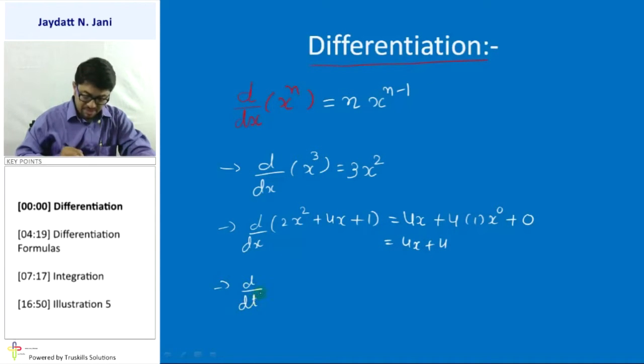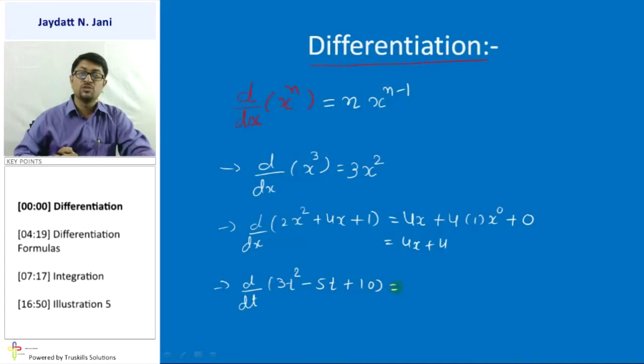For example, if I take it with respect to time, dt, I have something like this: 3t square minus 5t plus 10. So for 3t square, that 2 comes forward, that becomes 2t, and it's multiplied by 3, so that is 6t only.